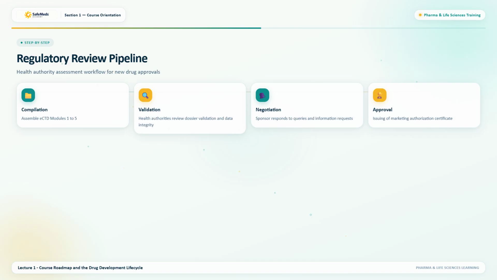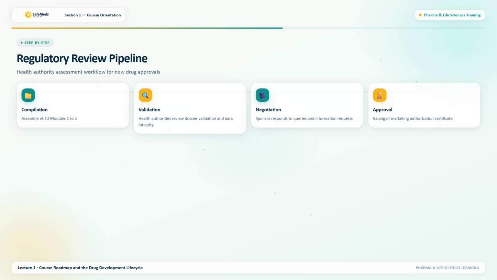Sponsors compile all preclinical, clinical, and quality data into a new drug application or a biologics license application, structured in the Electronic Common Technical Document format. Regulatory agencies, such as the Food and Drug Administration and the European Medicines Agency, conduct thorough multidisciplinary reviews of the dossier.